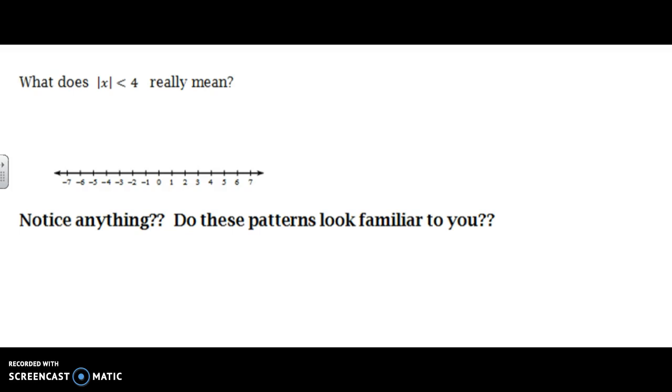Similarly, if you have absolute value of some number less than 4, that means the distance from 0 is going to be less than 4. The distance from 0 has to be less than 4 would be numbers like 1 and 2 and 3 and things really close to 4, same as its reflective side on the negative aspect.